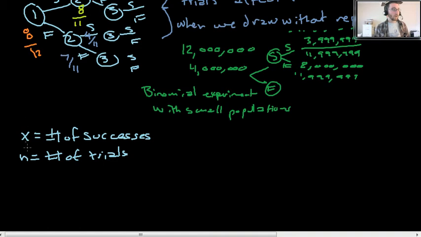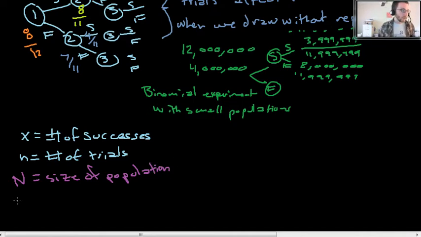In this case now, though, we need the size of the population. Generally, we call that big N. So this is the size of the population. And we also are going to need to know the underlying probability. The way we can take care of that is by assigning the variable R to the number of successes in the population.